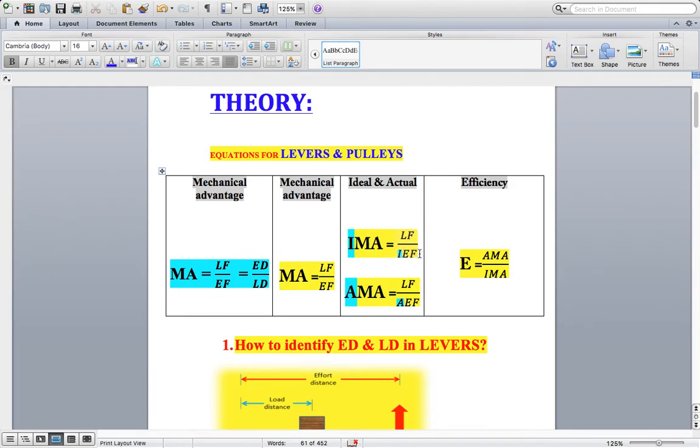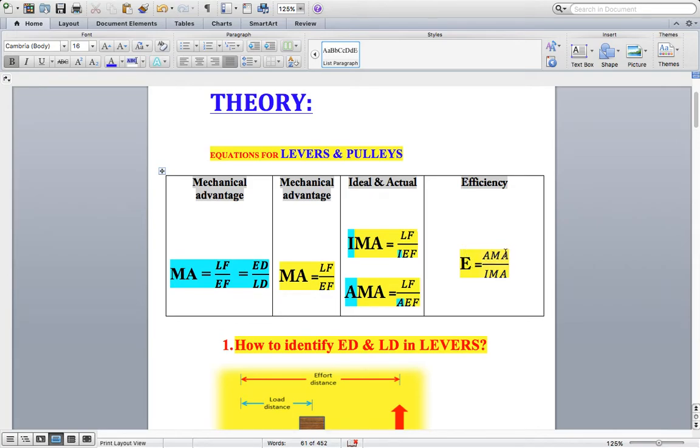If you want to find the actual value, just replace I on both sides with A. So if you memorize only this equation, you can find IMA and AMA from the same formula.